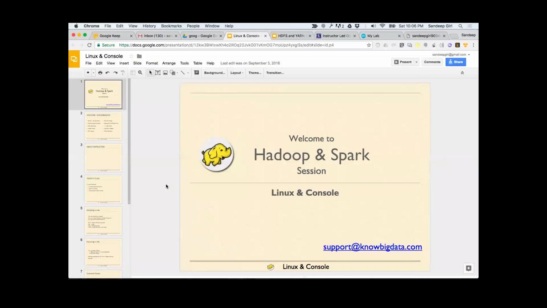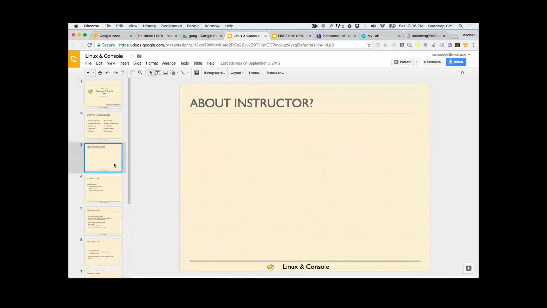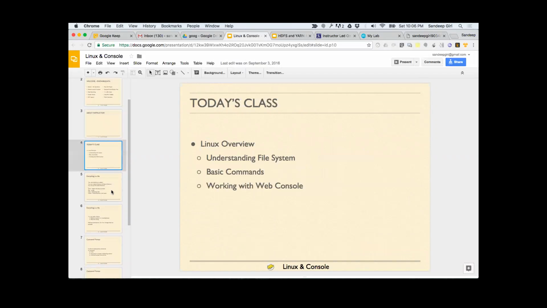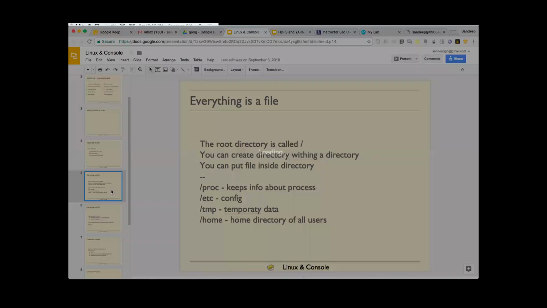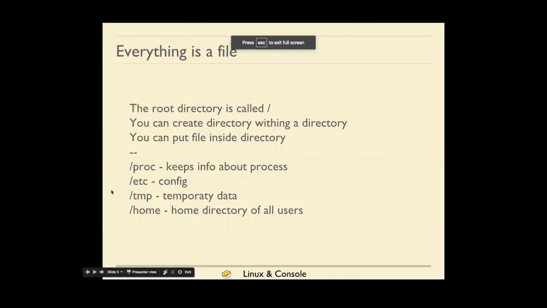Now coming back to it. I wanted to give you a very fast overview of Linux. Probably this will be the most lame and quick overview you will hear of Linux. So in Linux, the root directory is called slash. Everything in Linux is a file.